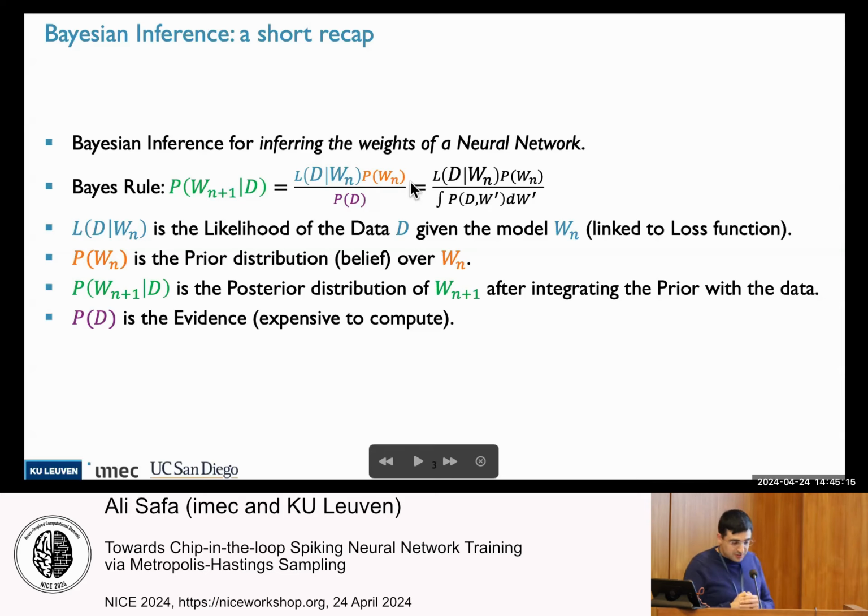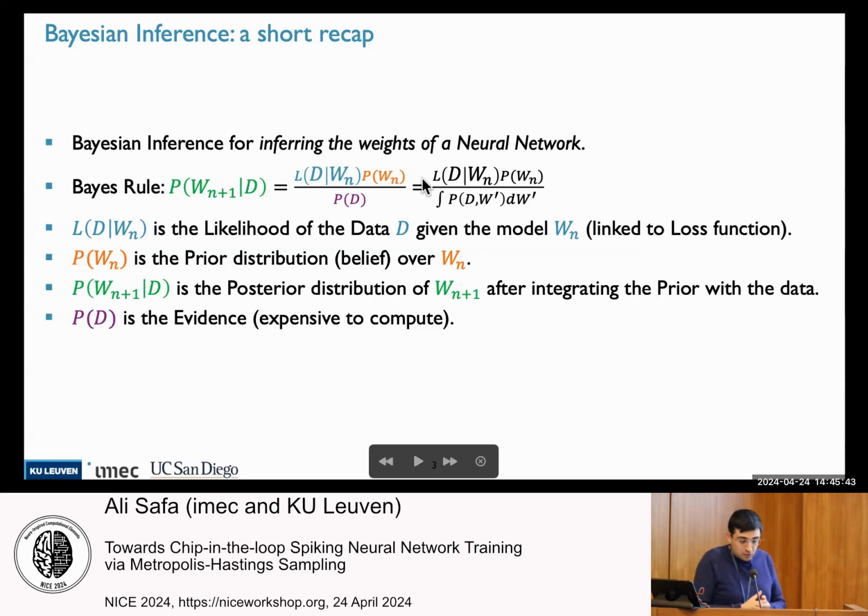What we see here is that we can infer a posterior distribution over the weights of a neural network, given the training data D, by simply using the Bayes rule, which says that this posterior distribution is equal to the likelihood of the data given the weights of your neural network or the model, times the prior belief that you have over how these weights are distributed, divided by the probability of the data itself.